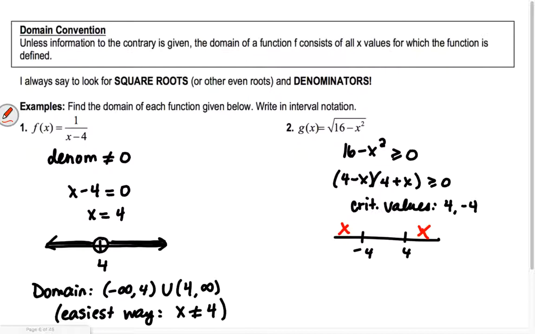But anything between negative 4 and 4 was good. It worked. So in here, we're good. Endpoints, we can have 4 and we can have negative 4. We can take the square root of 0, that's totally fine. So our domain then is bracket negative 4 to 4, bracket. Those brackets indicate that we have filled in circles on those. They're included in our domain.